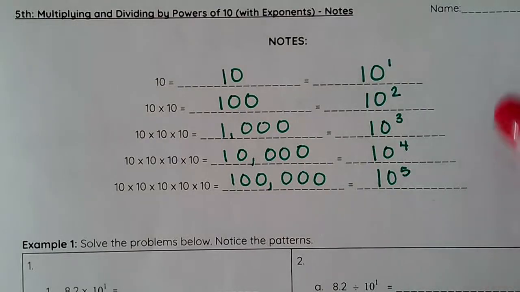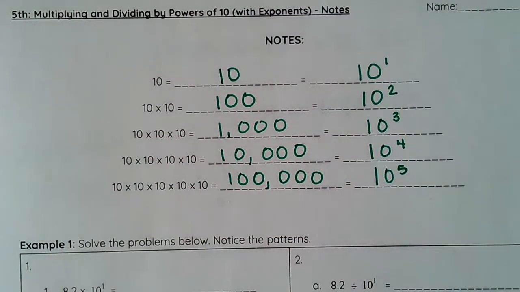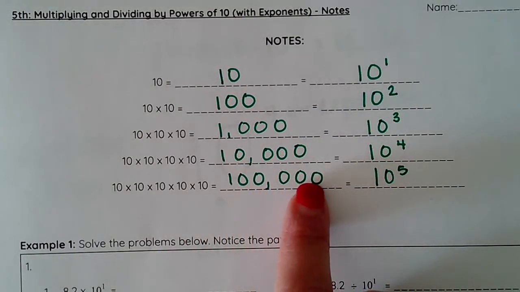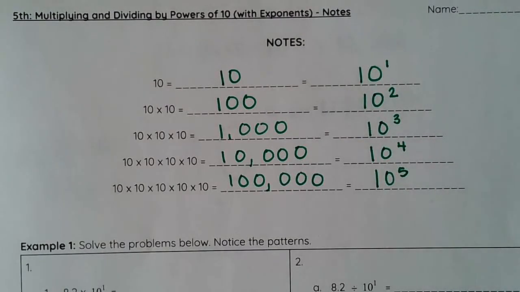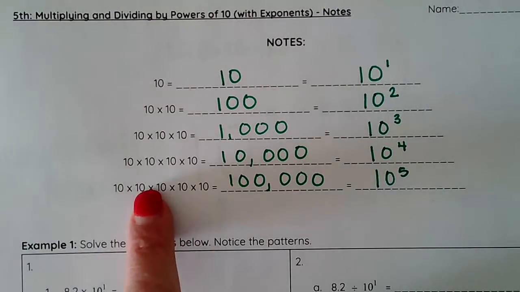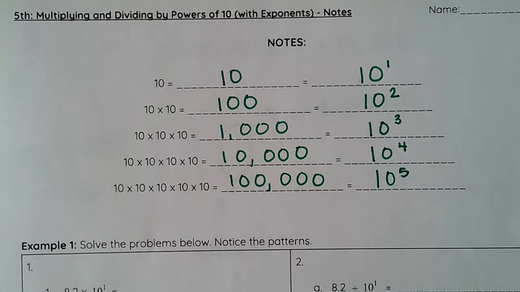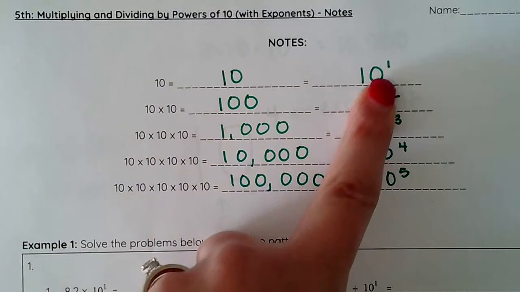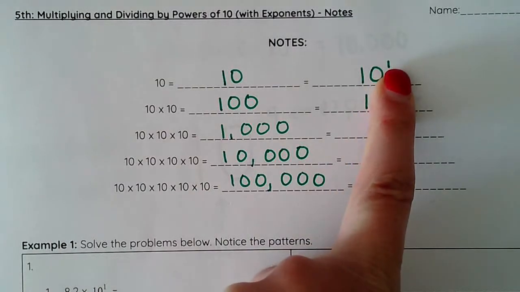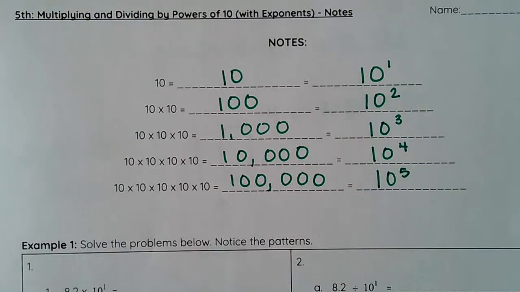When we are multiplying by the powers of 10, last lesson we practiced writing out our numbers all the way. What's nice about exponent form is it's a lot shorter and a lot quicker, especially as our numbers start to get larger. So when we have 10, 10 is 10, and that tells us 10 to the power of 1, or 10 to the first power.